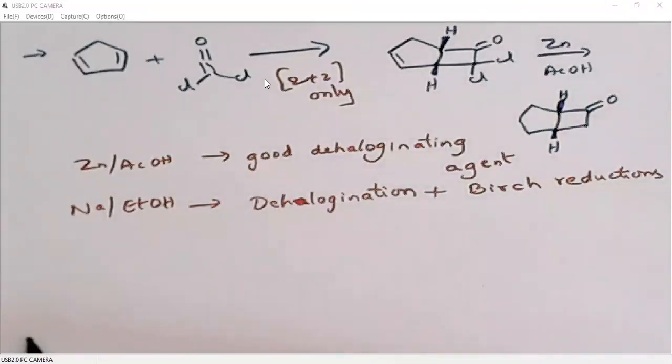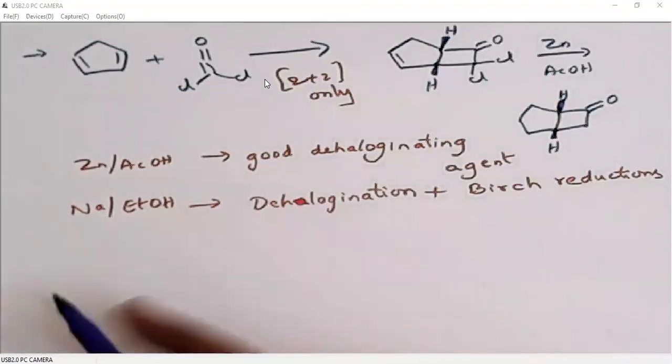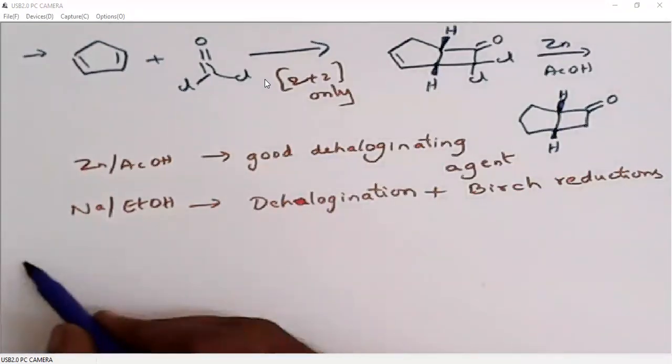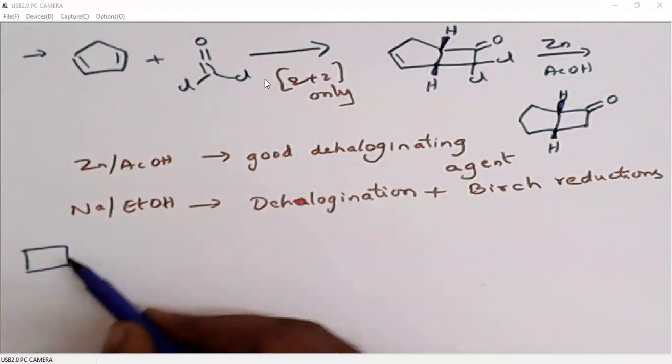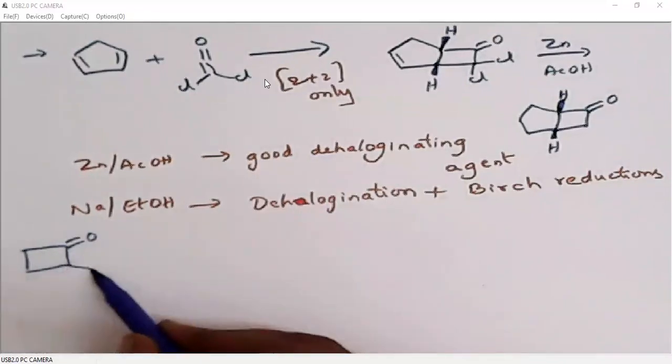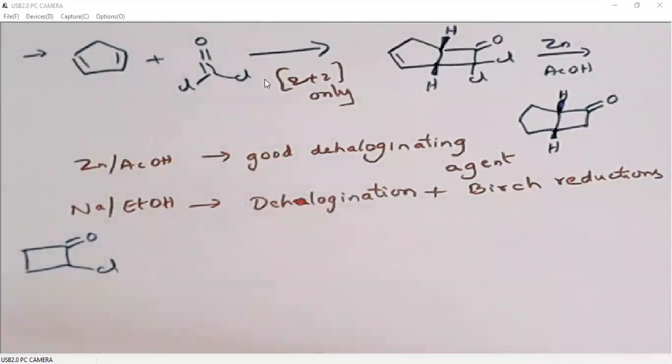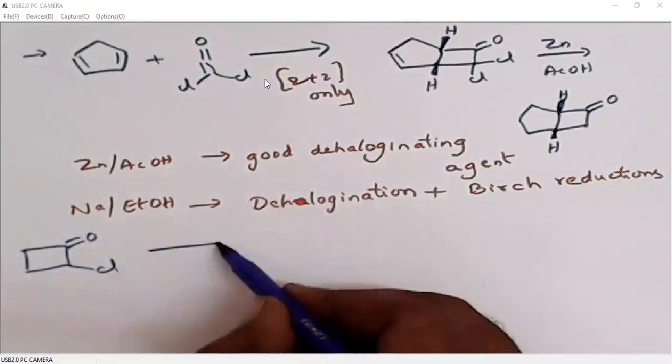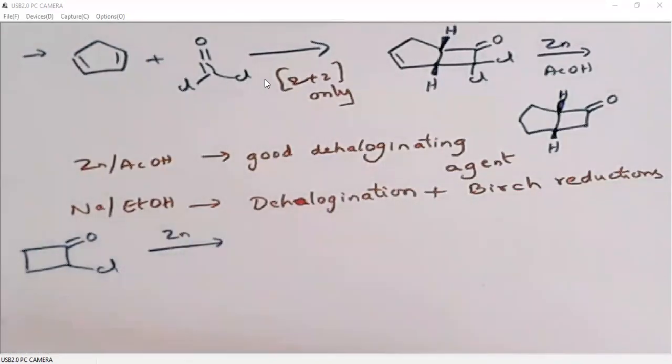I will also give the mechanism for this, how zinc in acetic acid will do alpha dehalogenation. I'll take one and explain it. We know zinc is a good electropositive element which will release two electrons immediately, right?